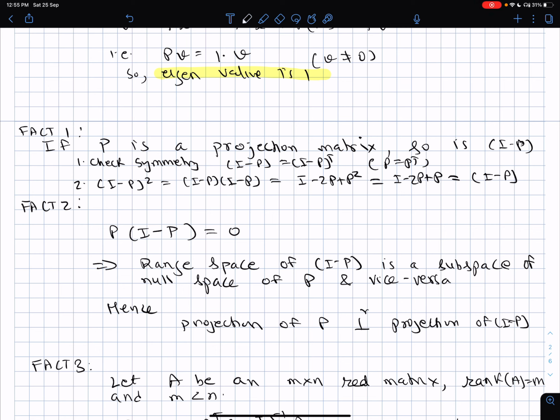Now it is very easy to verify that P into I minus P is 0. This is in fact the minimal polynomial, which tells you that the minimal polynomial is going to be s into s minus 1 for the projection matrix.